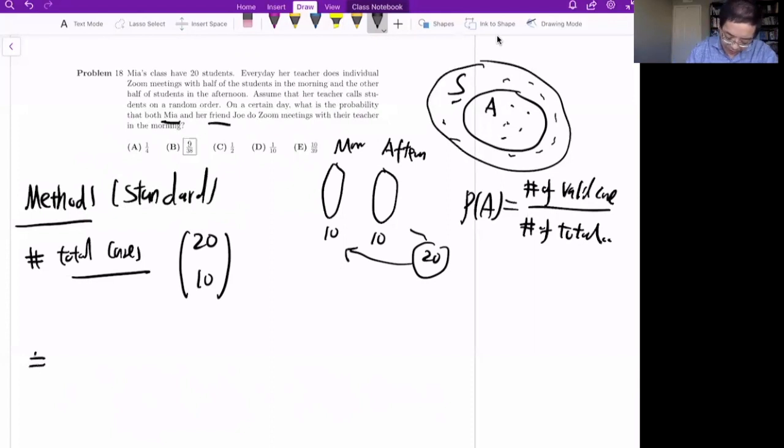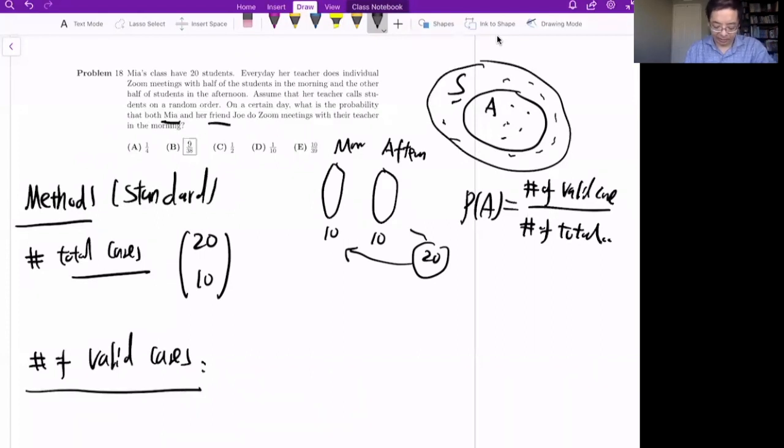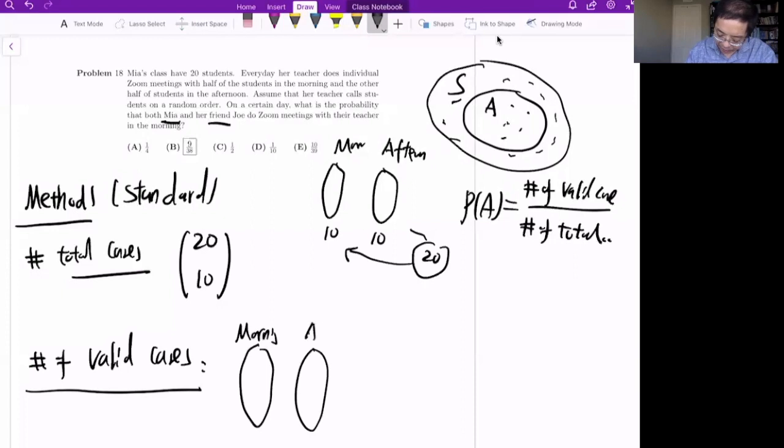So what is the number of valid cases? Again, this is the morning session and this is the afternoon. The valid cases mean Maya and her friend Joe have to be in the morning.